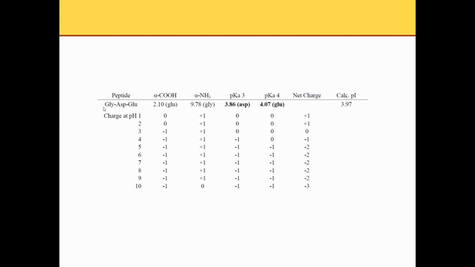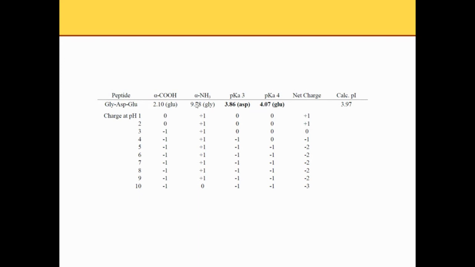So for this 3 amino acid peptide, the left side is always the N terminal and the right side is the C terminal. For the N terminal, you look at the amino group pKa for glycine, so you put 9.78 here, and glutamine is the C terminal, so you have the carboxyl group pKa 2.10.